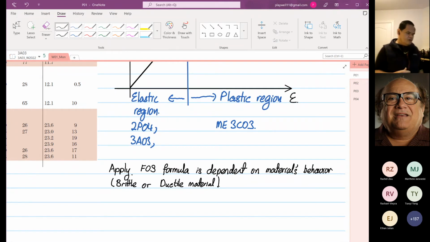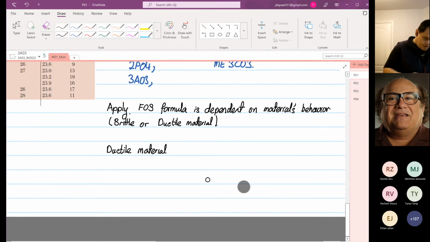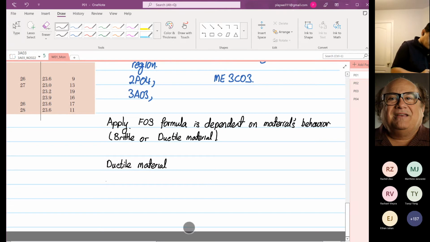Okay, so let's look at ductile material. For ductile material, the ultimate strength is a lot bigger than the yield strength.